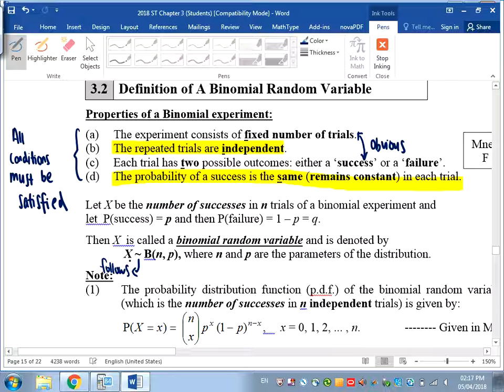X follows a binomial, B for binomial. n is your number of trials. So that means if I throw a die 10 times, I will write down 10 over here. p is the probability of success.